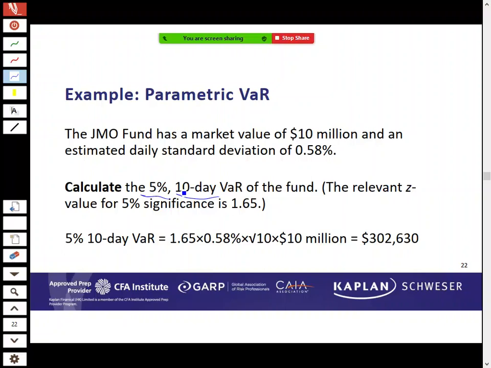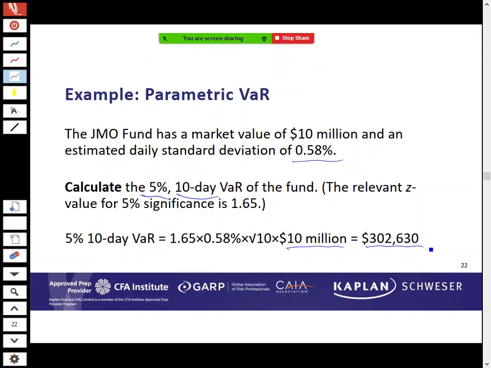So 1, 2, and you also need one more input, which is the standard deviation. With these 3 inputs, you put them together with your portfolio value, and you work out the VAR. That is the maximum loss that you expect that the portfolio might suffer in 10 days time with this 95% level of confidence.